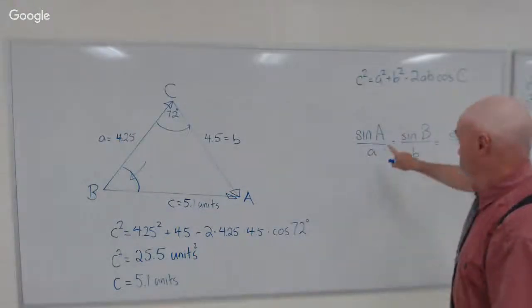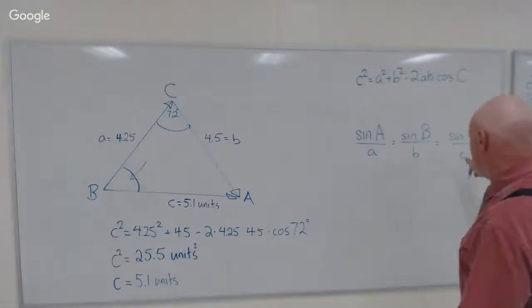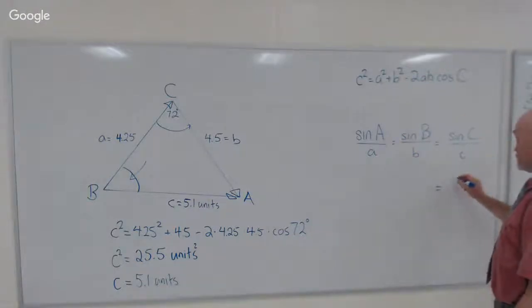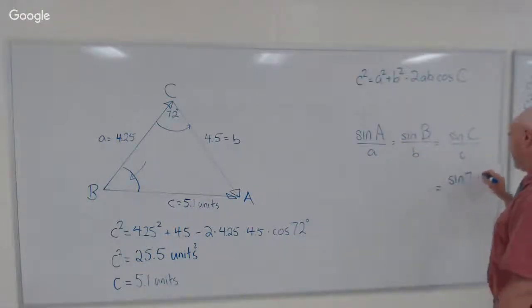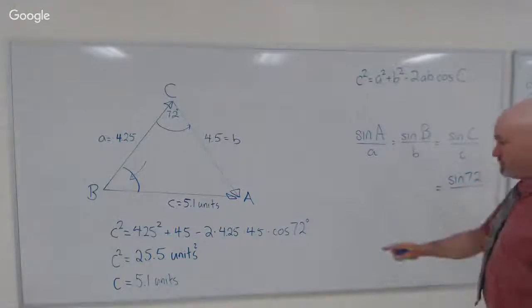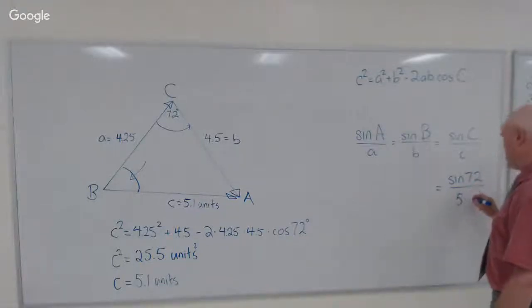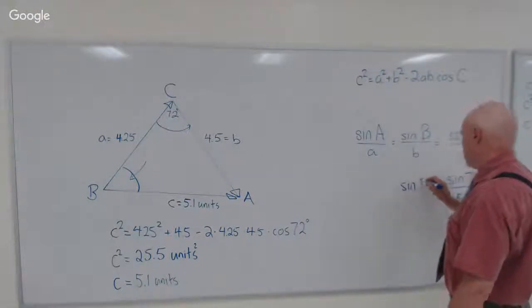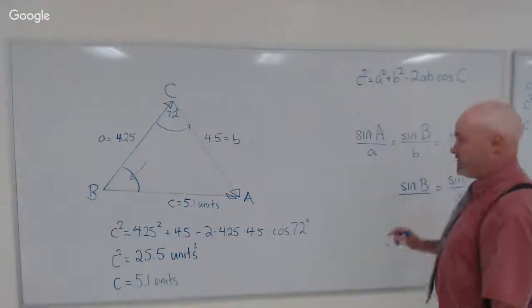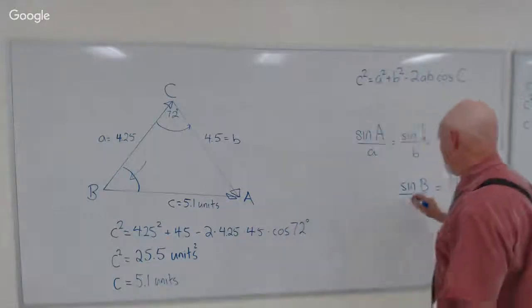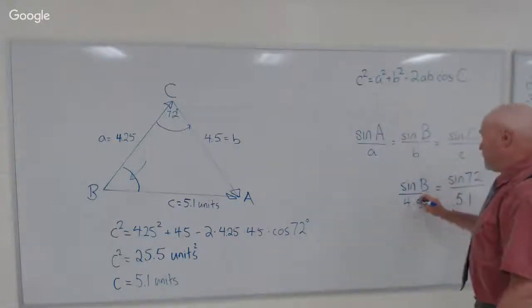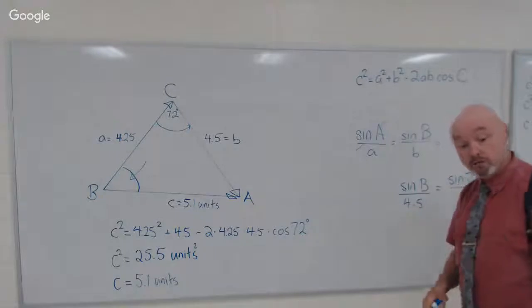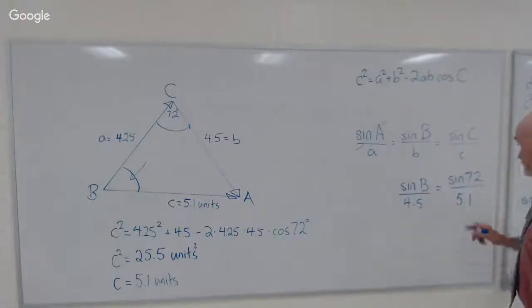So sine C, sine of 72, is across from 5.1. And that's equal to sine B, which is across from side b, which is 4.5. And you'll notice I don't have to care about this one. I just need one angle.